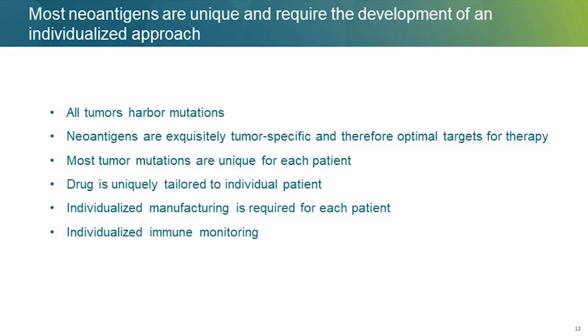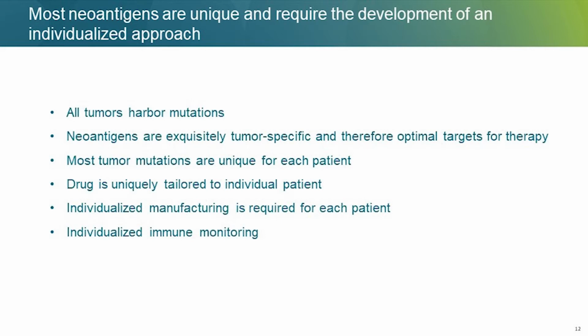So a big advantage of this approach of targeting neoantigens is that all tumors are potential targets for this immunotherapy. All tumors harbor mutations. The other advantage is that neoantigens are exquisitely tumor-specific, and therefore they are optimal targets for immunotherapy, and they are likely safer.